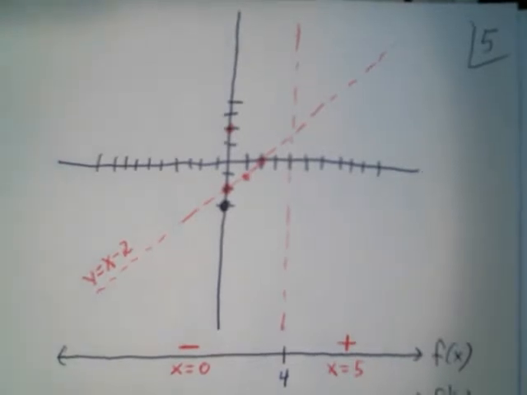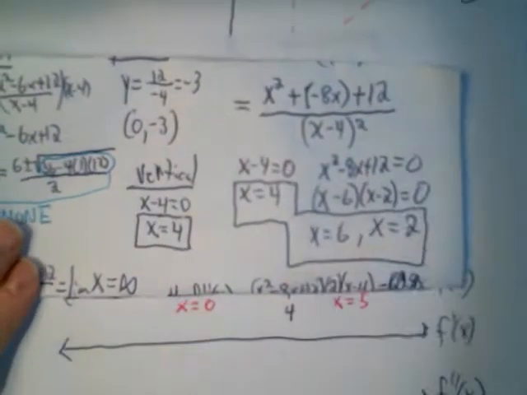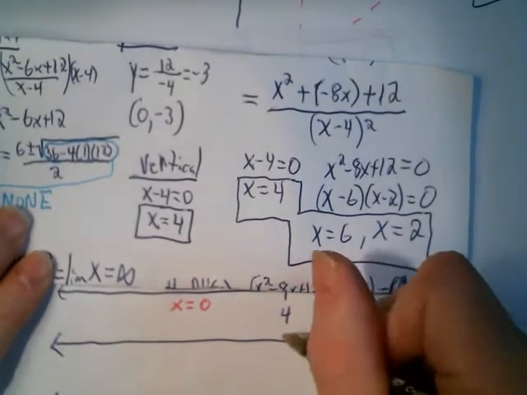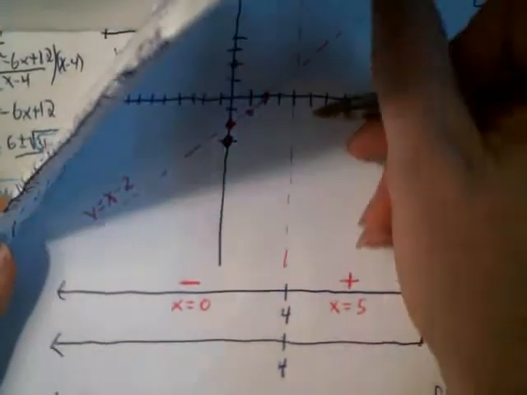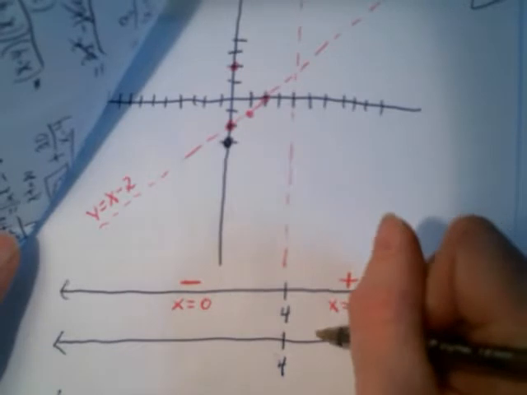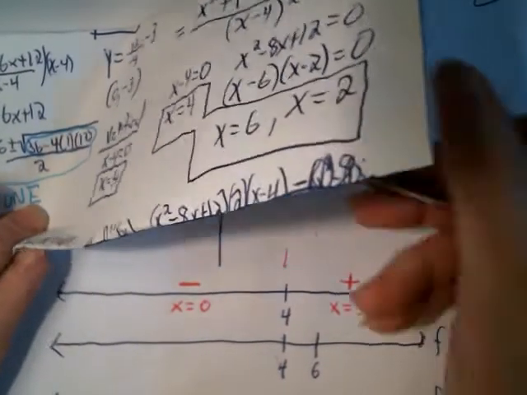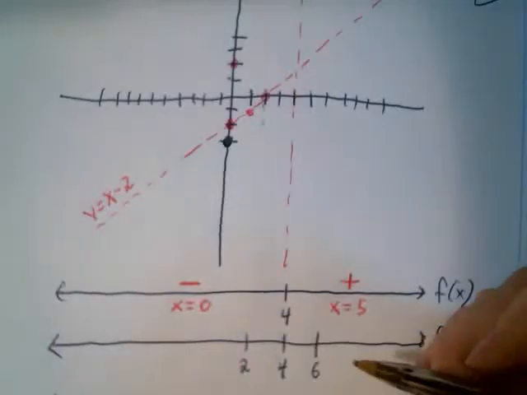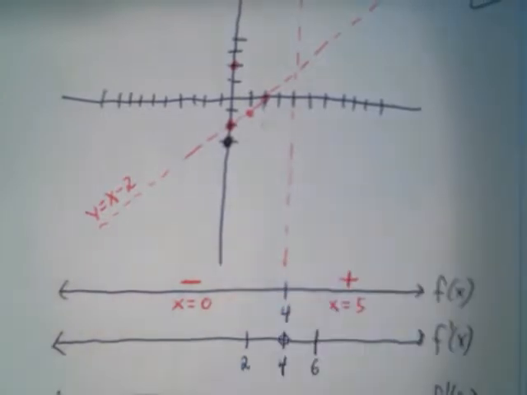So now we have 3 critical numbers to plot on our number line. 4, 6, so I want to align that with the original graph. 6, and then 2. I'll sort of note that here is an undefined place.